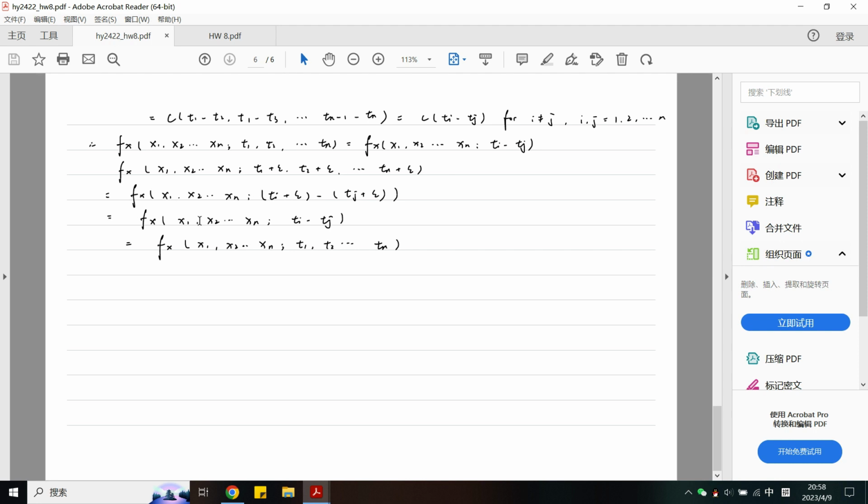After simplifying, it equals f_X(x1, x2, ..., xn; ti minus tj). So we found that these two terms are the same, so we can get the conclusion that f_X(x1, ..., xn; t1 plus c, ..., tn plus c) equals f_X(x1, ..., xn; t1, t2, ..., tn).